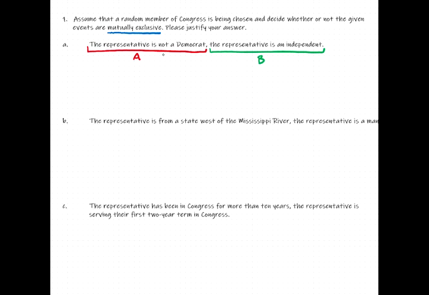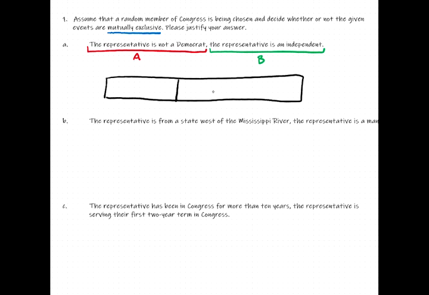Well, let's see. We're talking about Democrats, independents, and there's also Republicans. So let's look at the three political affiliations. So let's use this rectangle. And we'll say there are Democrats, there are Republicans, and there are independents. All right, so event A, so we're taking sort of a visual approach to determine if these are mutually exclusive or not. So event A, I'll use red.